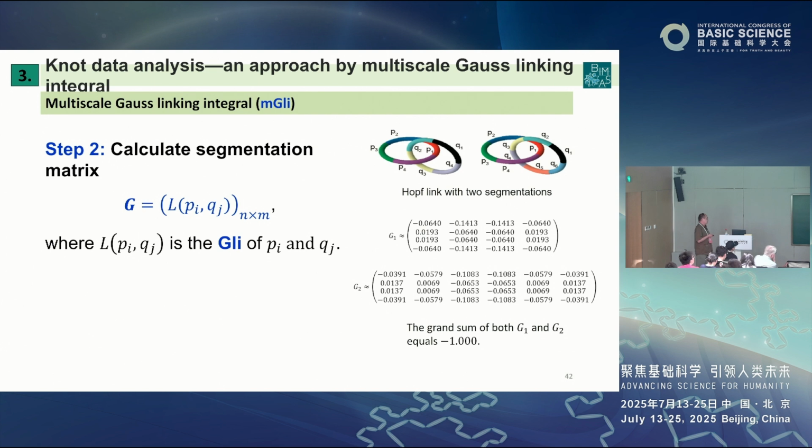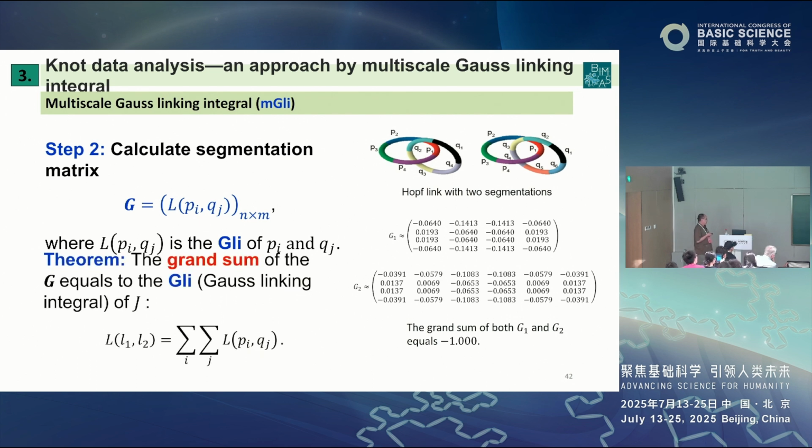Step 2: calculate the segmentation matrix G, in which the item L of p_i and q_j is the Gauss linking integral of p_i and q_j. Here is the theorem: the grand sum of G equals the Gauss linking integral of the link.